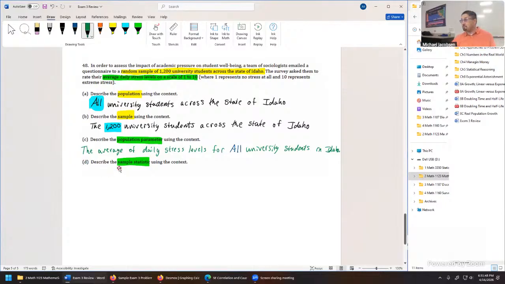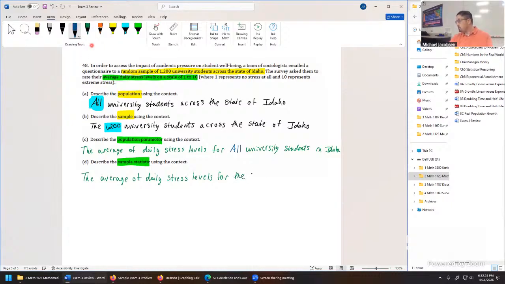The sample statistic, well, it's just referring to the same thing that was measured, but these were the actual measurements. It's what we got from the sample. So it almost goes the same way. We can say the average of daily stress levels for the 1,200.